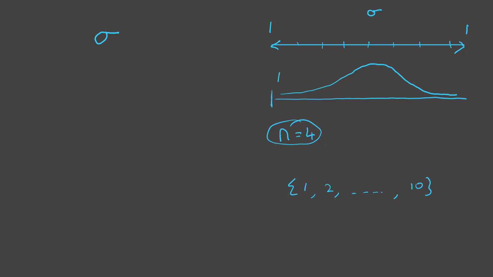But to be at this end, you'd have to get 1, 1, 1, 1. To be at this end, you'd have to get 10, 10, 10, 10. There are a lot more ways of getting the values towards the middle. There are many, many ways of getting the 5.5 mean there.